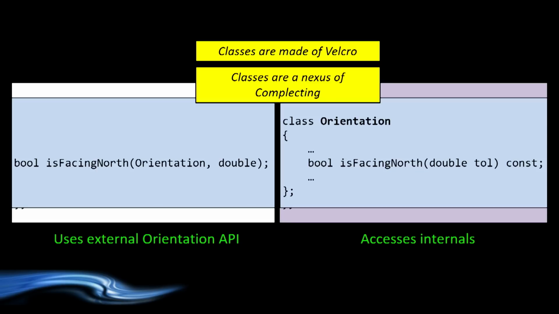But then that means you have to check all the functions that have access to all your internals, right? Whereas if is facing north is an external function, you probably didn't change the external interface of your orientation class, especially if you put half the functions outside of it and kept it nice and small. So the compiler thinks these pieces of code are the same, but one is going to survive better.